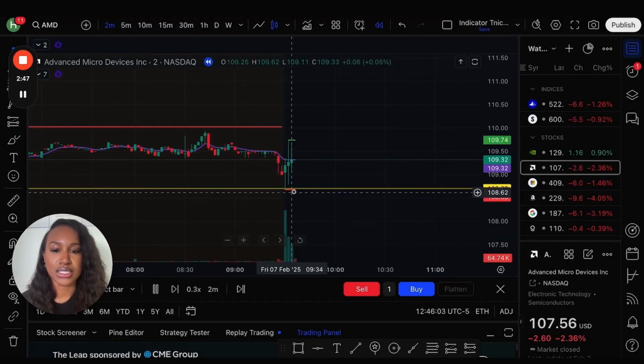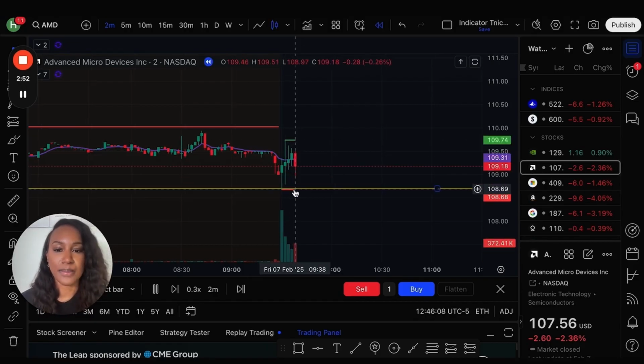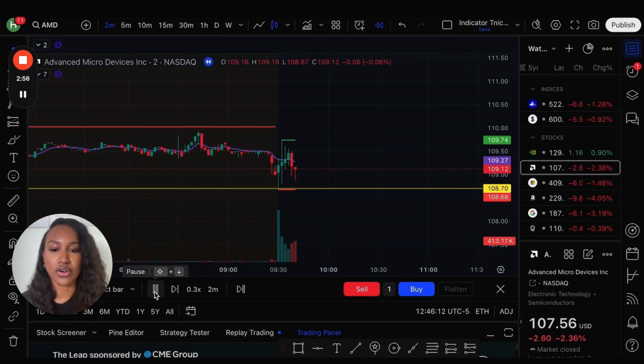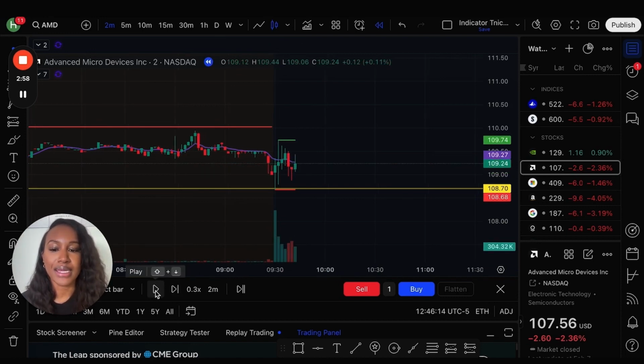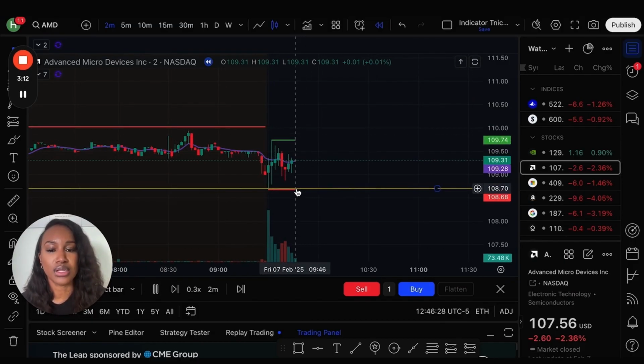As you can see here, price is going, and the green line at the top and the red line are simply my ORB, which stands for opening range breakout. What I like to do is make sure I'm aware of that, guys. Essentially, I do not trade within the ORB, within that range. I would ideally like to see a breakout either to the upside or the downside.